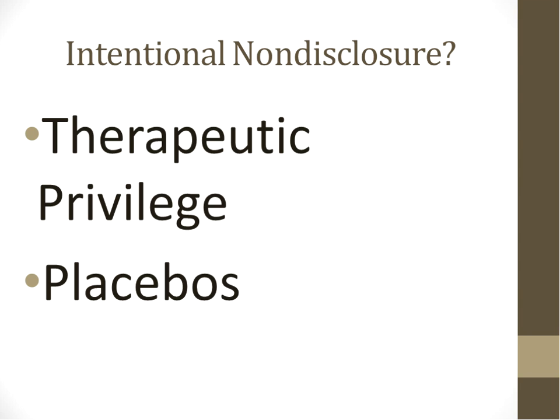My goal here is not to go through all of the conditions of informed consent. Disclosure of information and competence certainly are two very important ones. Of course, there is understanding. The whole purpose of disclosing information is so that the patient understands.